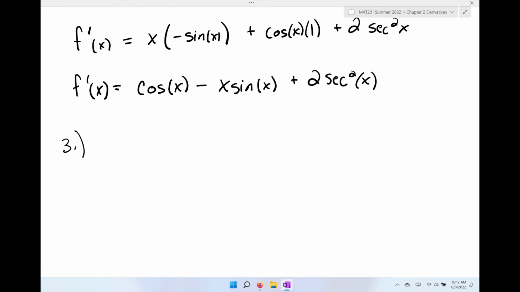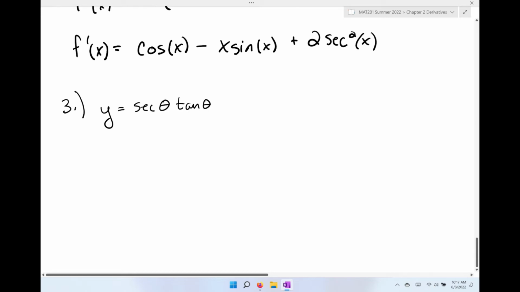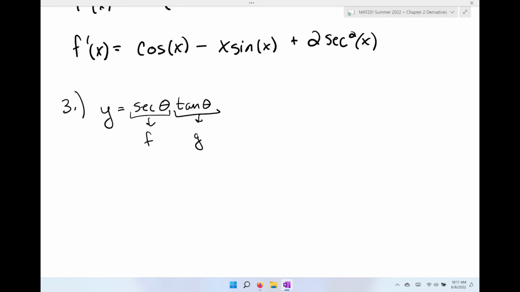Okay, next one. Let's look at y equals secant theta tangent theta. So once again, product rule. Now this one I'll write out for us. So f equals secant theta.